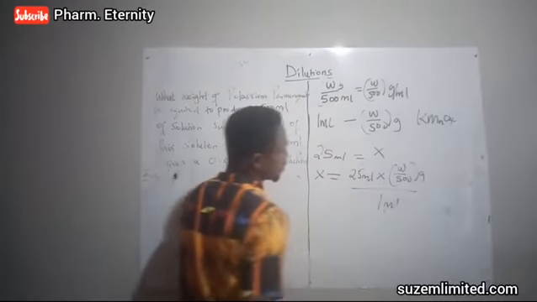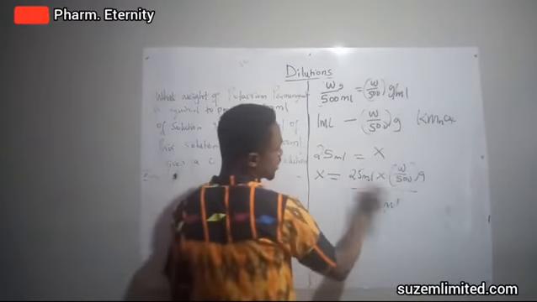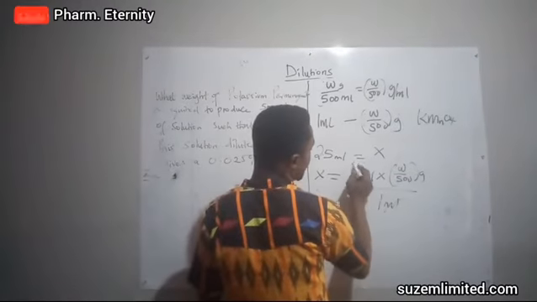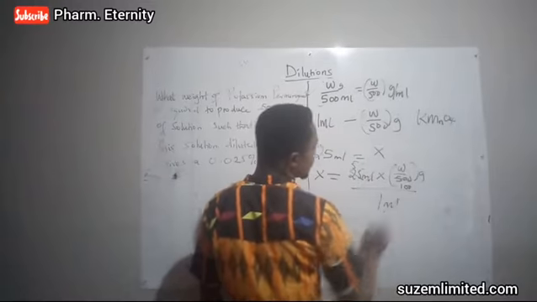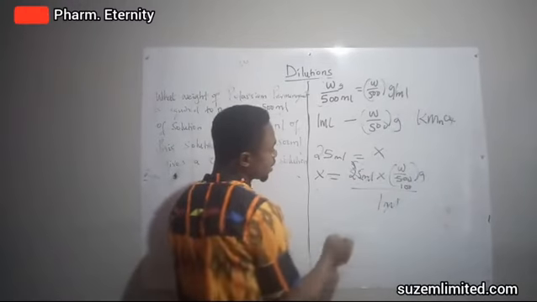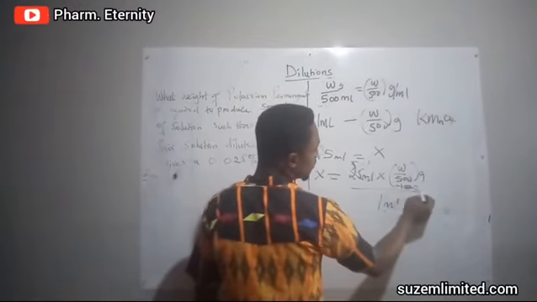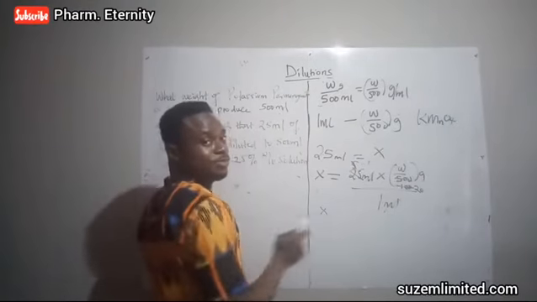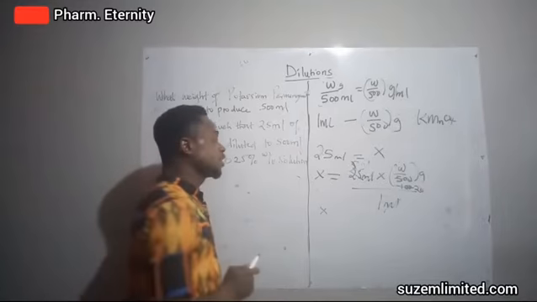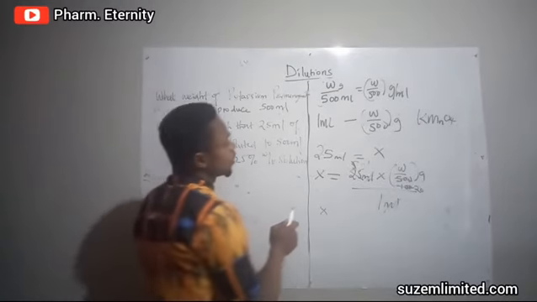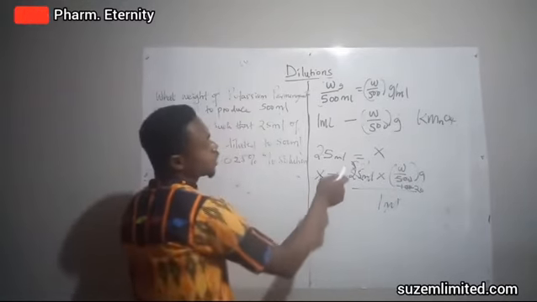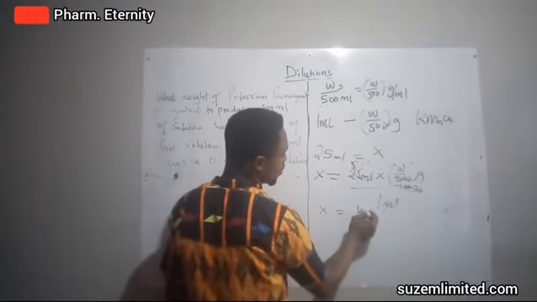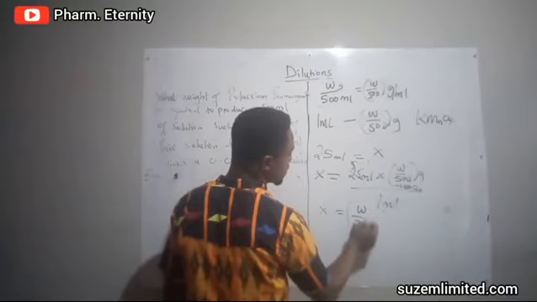Ml cancels ml. 25, 5 can go, making it 5. 5 can go here, leaving 100. 5 can also go again, 1, 5 can go here, 20. So the weight of the potassium permanganate in 25 ml is X, which is W over 20 gram.